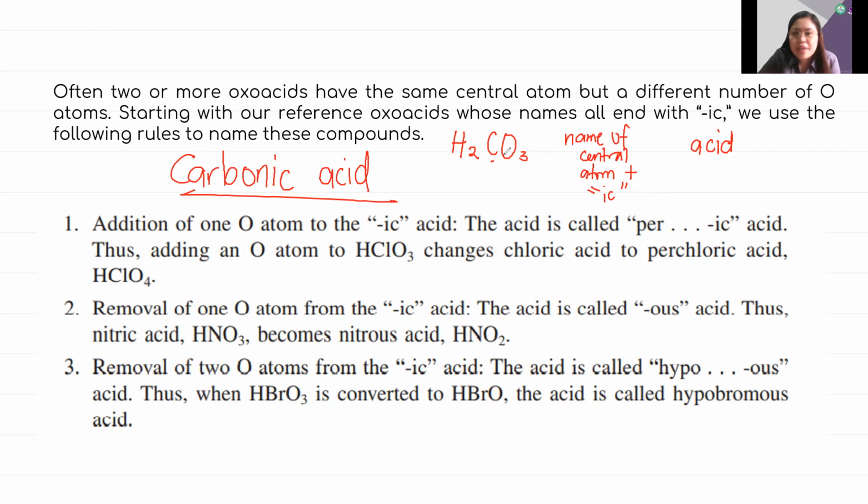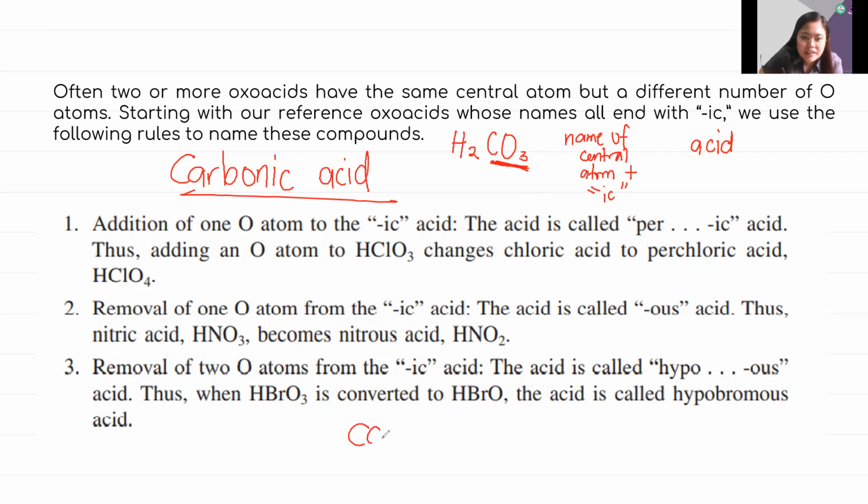Actually, carbonic acid originates from carbonate. Look at your index card there: CO3 is carbonate.